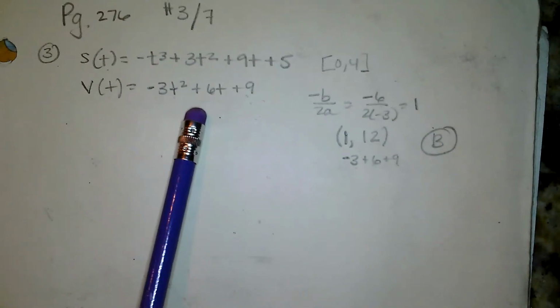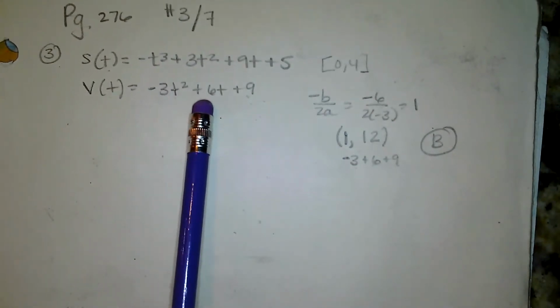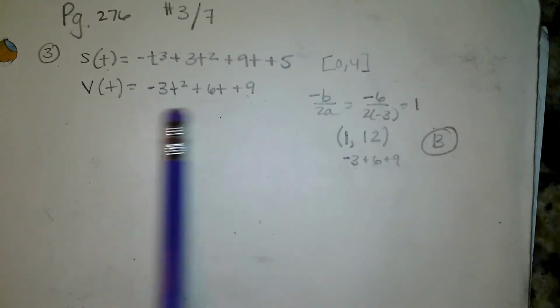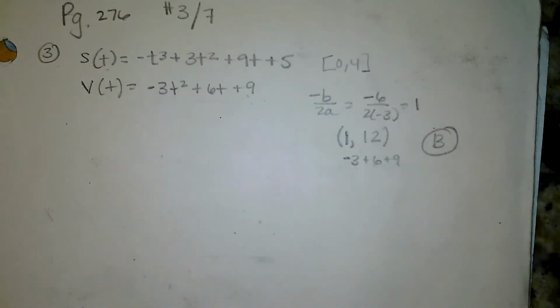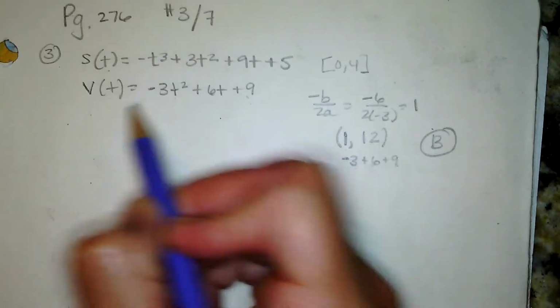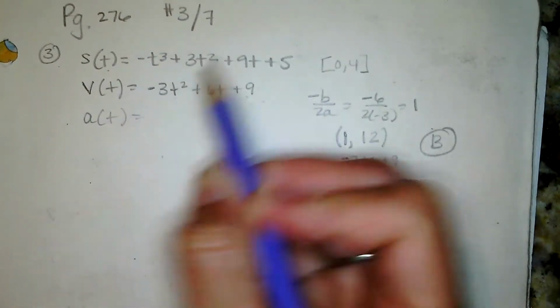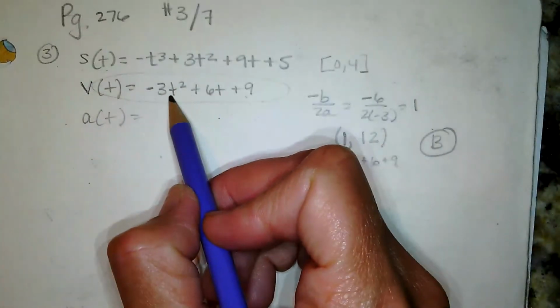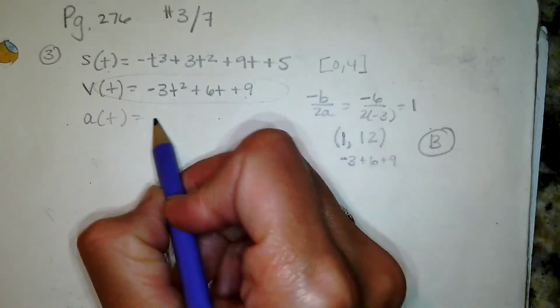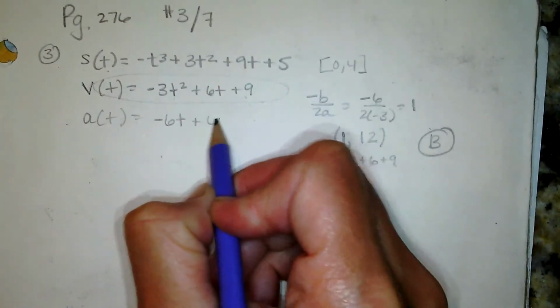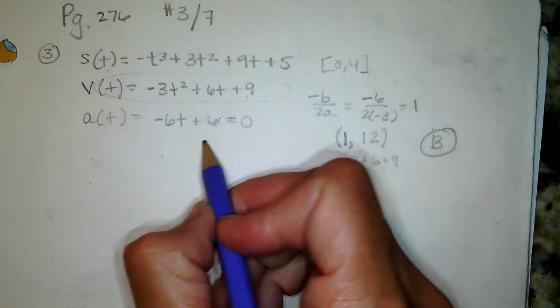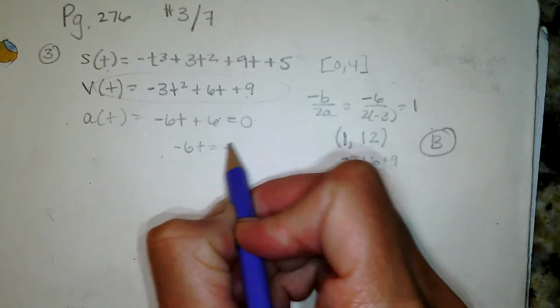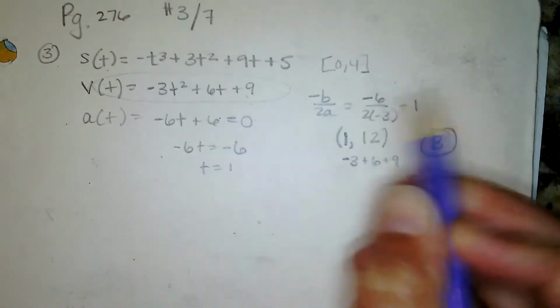If I also wanted to know the maximum, I could find the derivative of this and its critical point. The derivative of this becomes acceleration, but we can focus on this: the derivative is negative 6t plus 6. Find that critical point, so you get negative 6t equals negative 6, you get t equals 1.